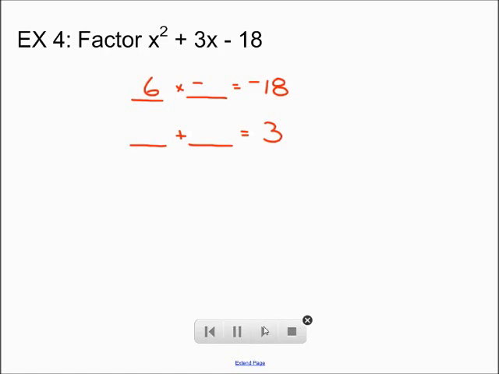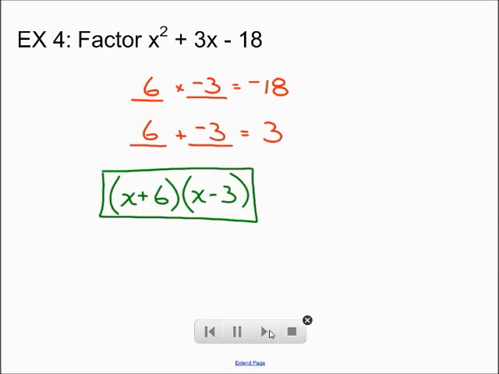How about 6 and -3? 6 times -3 does equal -18, and 6 plus negative 3 does equal positive 3. If you had the negative sign in the wrong spot, negative 6 times positive 3 would equal negative 18, but negative 6 plus 3 would equal negative 3, so that wouldn't work. So our factorization would be x plus 6 times x minus 3.